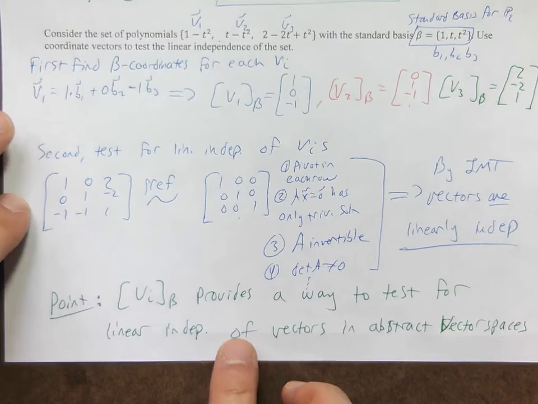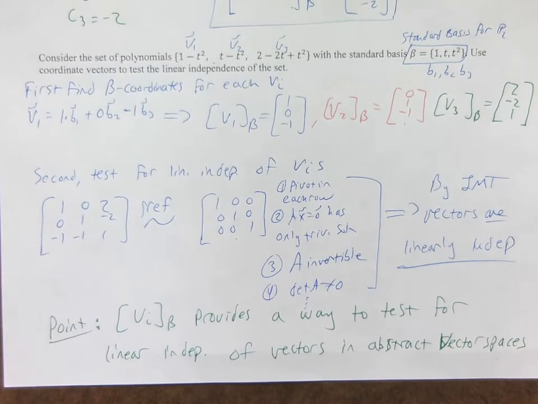That's the takeaway from this: it gives us a way to relate vectors in abstract spaces to Rn.